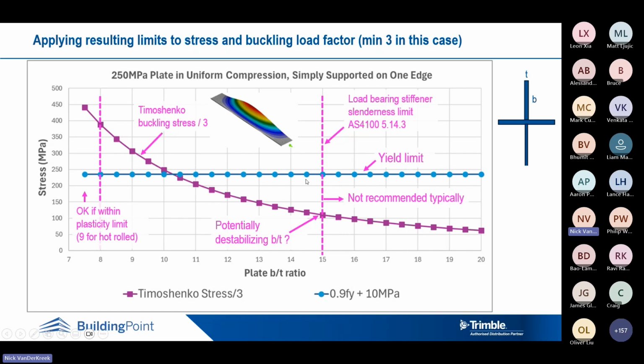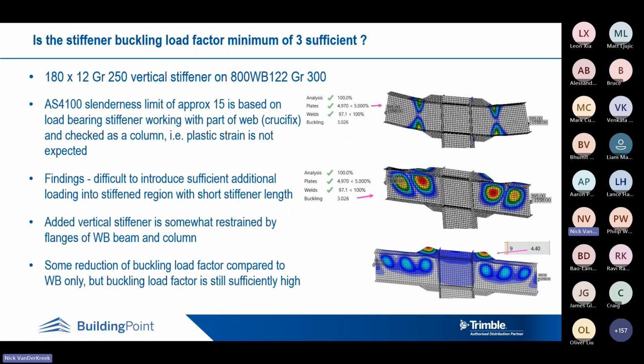But what if we are expecting some plastification of our stiffener that is at the limit, up at 15 to 1? And that's, as I say, what I thought I might just look into a little bit further. Now, we saw earlier that a 800 WB 122 had a buckling load factor for bending of 3.36. So that was the lowest that I found in all the standard sections. So I applied this with a 180 by 12 stiffener, grade 250.